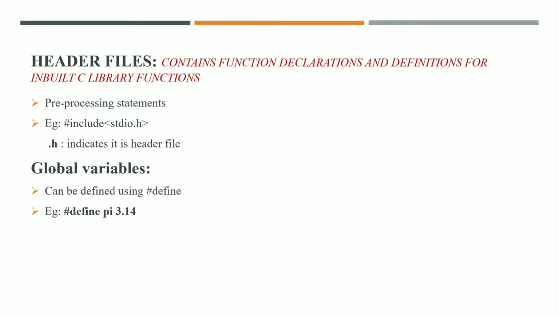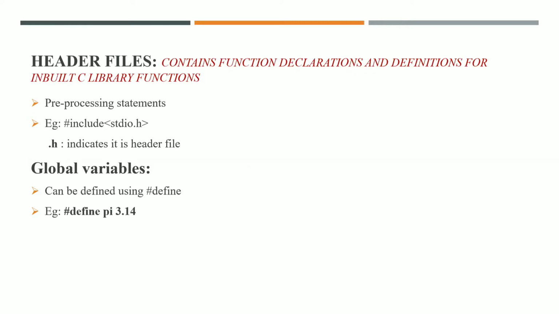Header files will be followed by global variables declaration and function declaration. What are global variables? Why do we use them? Global variables are the variables which can be accessed throughout the program in any function. Global variables will be declared as follows. #define, variable name, and the constant value which is to be assigned to the variable.